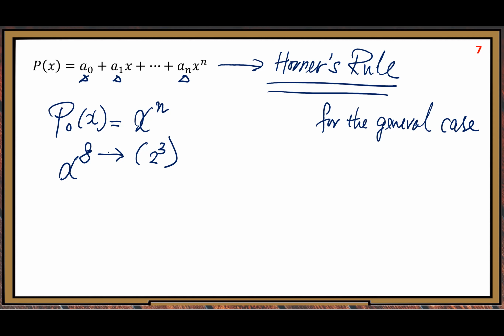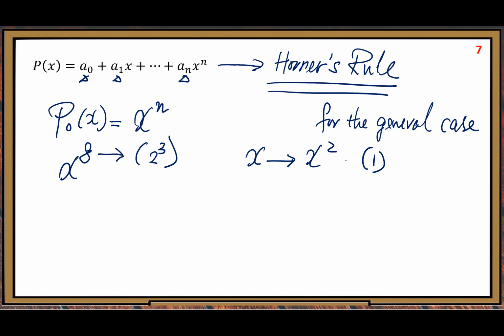Look at the smart way to do it. Let's do it. First, from x to x squared, one multiplication, right? x times x, one multiplication. Next, you can go faster.